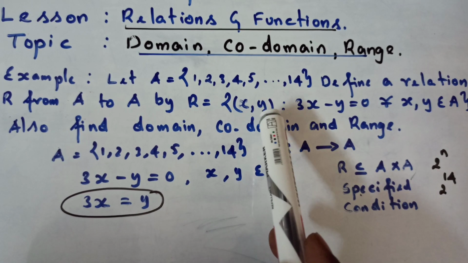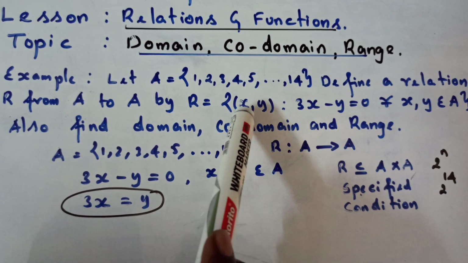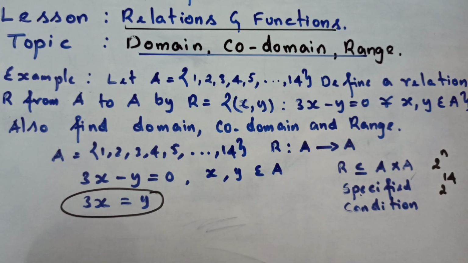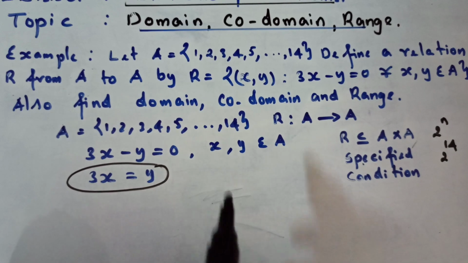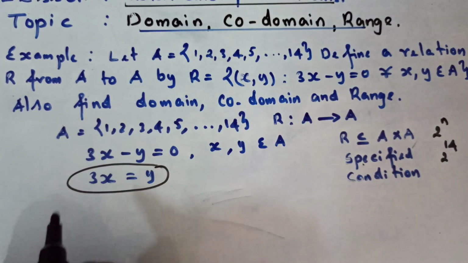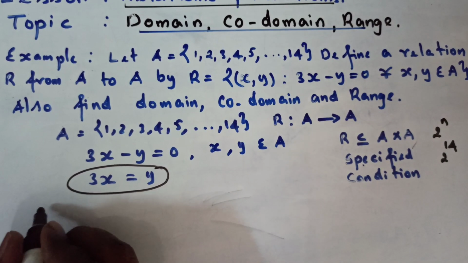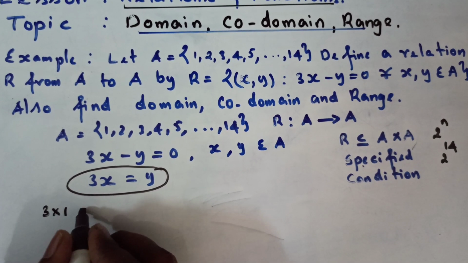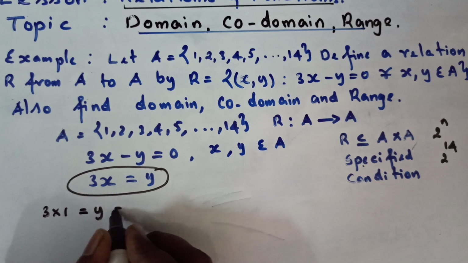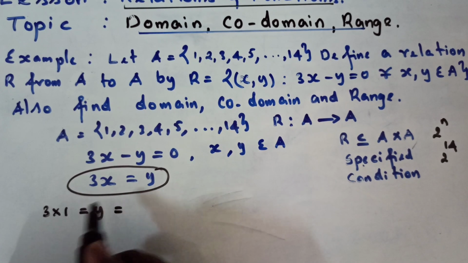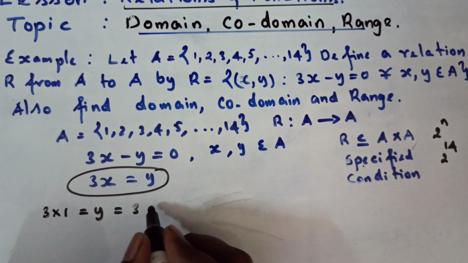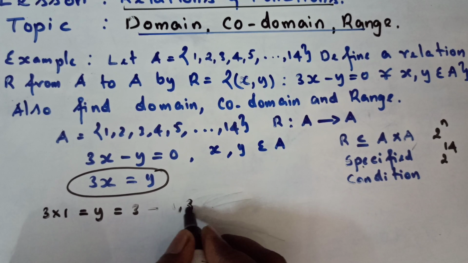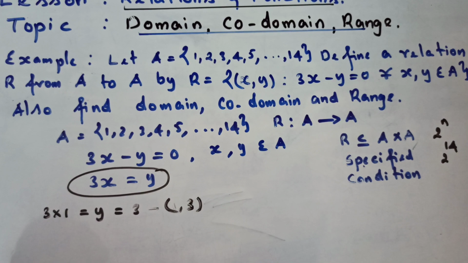It is an ordered pair. As I input the x value, I get the corresponding output value. My first input value is 1, so wherever I find x, I replace it with 1. 3 into 1 is 3, so as I give 1, I get 3.